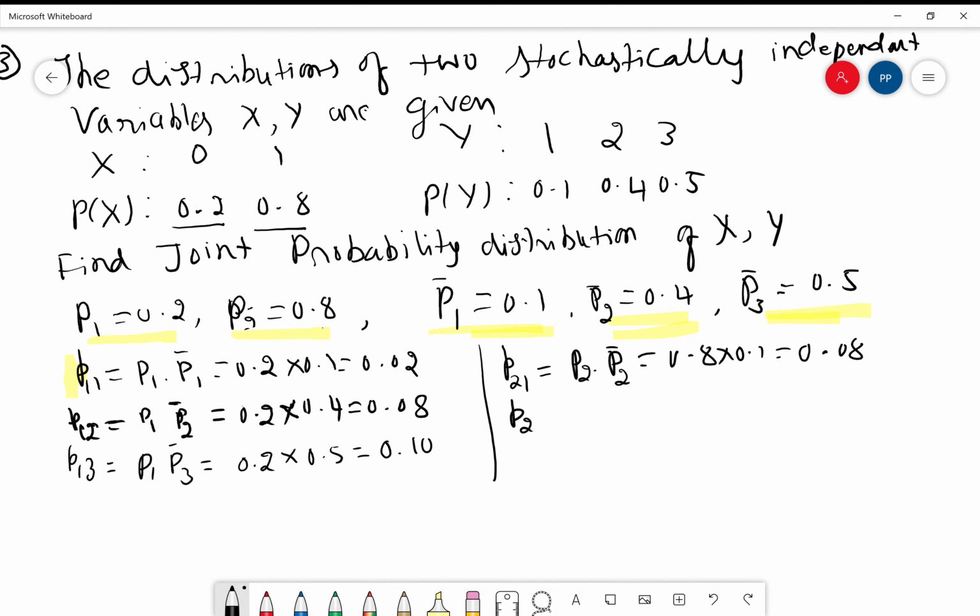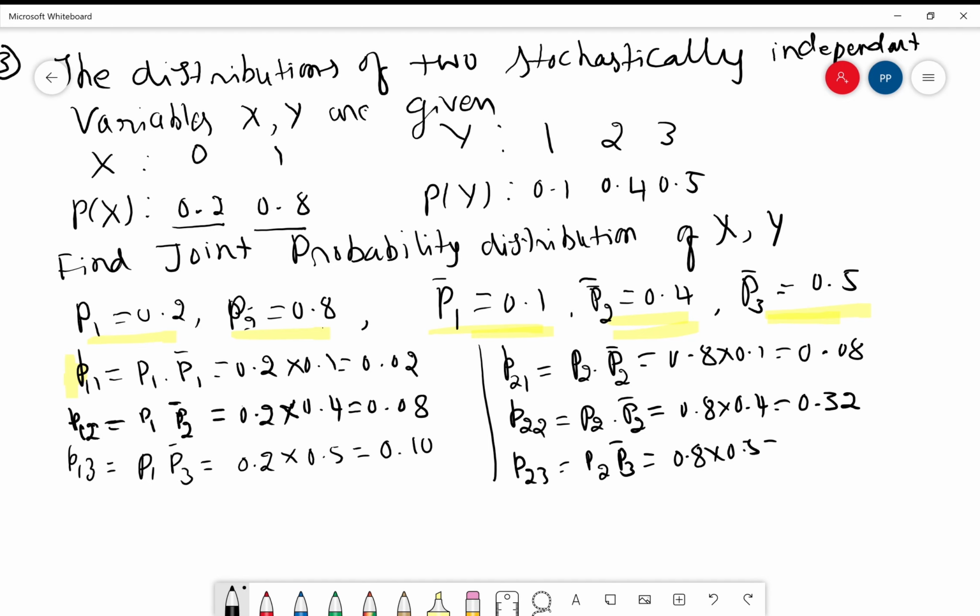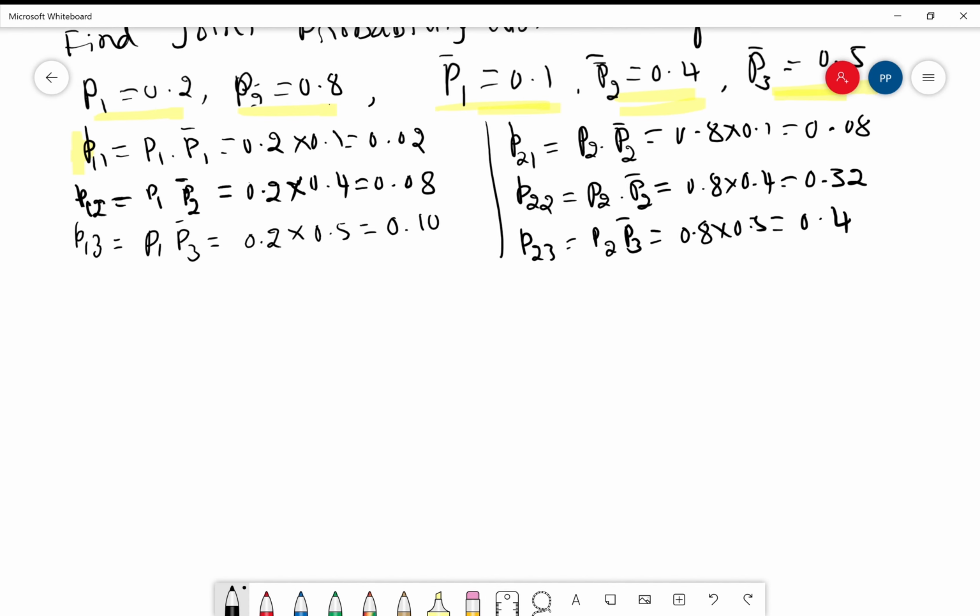Next, P22 equals P2 into P2 bar, which is 0.8 into 0.4, 0.32. Next, P23 equals P2 into P3 bar, which equals 0.8 into 0.5, which is 0.4.